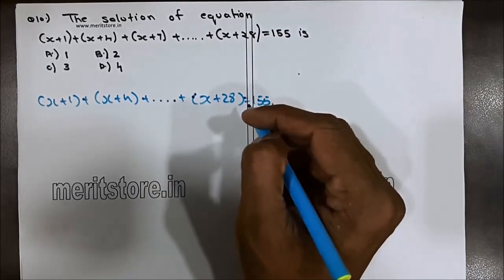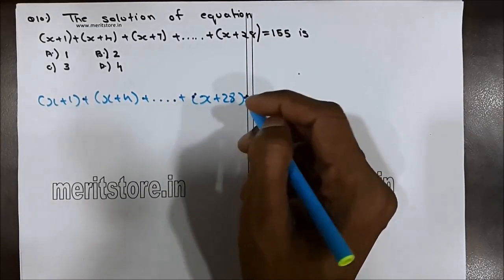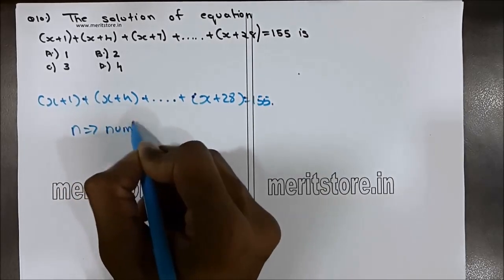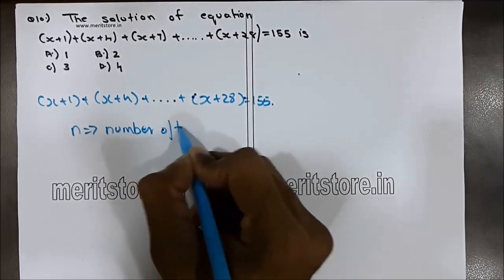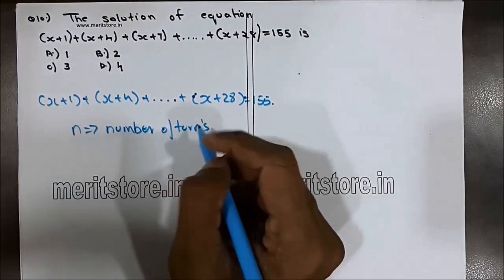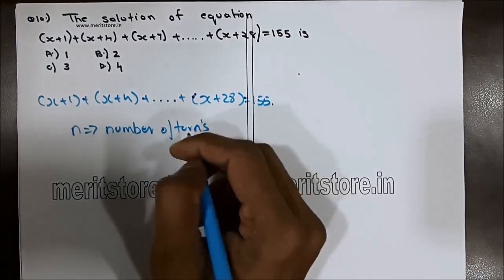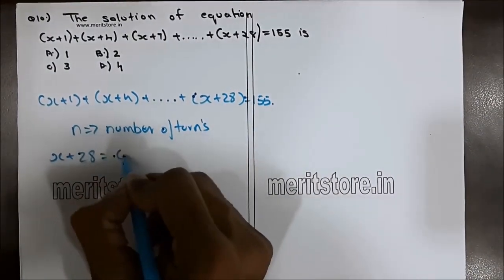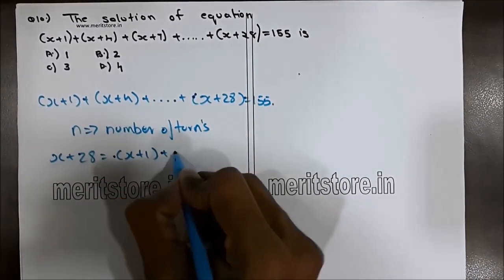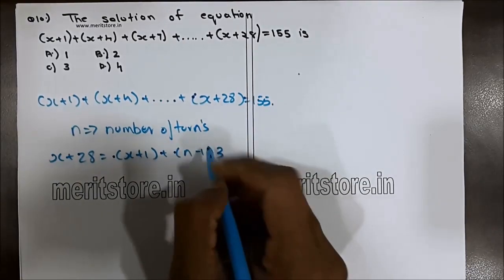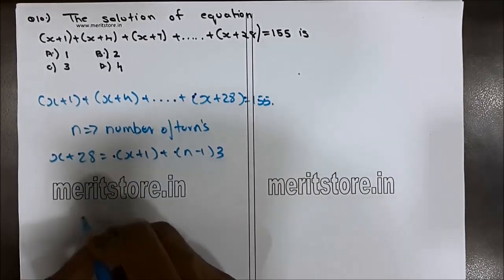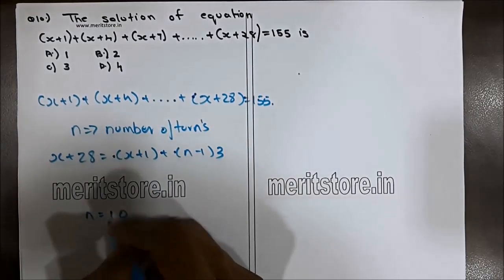Let n be the number of terms in the AP. Therefore on the LHS, x plus 28 is equal to x plus 1 plus (n minus 1) times 3, which we solve for n, and we get n equal to 10.